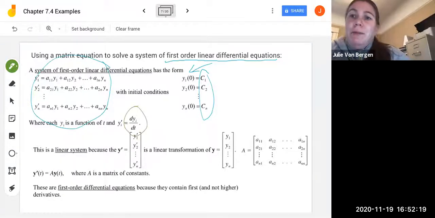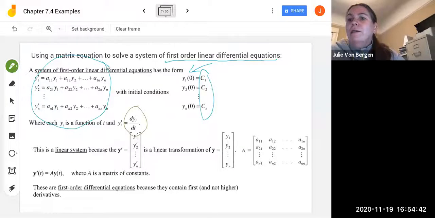We'll use the Leibniz notation here, dyi with respect to t, with the dt in the denominator. So this is considered a linear system because y1 prime through yn prime is a linear transformation of y1 through yn. By linear transformation, we mean the coefficients for all the y's is 1.